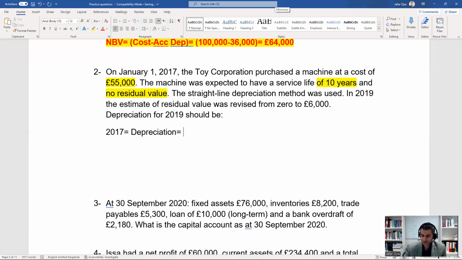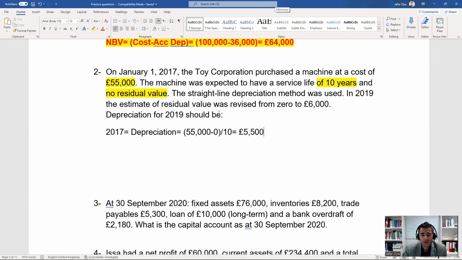So the cost is £55,000 minus 0, because residual value equals 0. Don't forget this. Divided by useful life, which is 10 years. In this case, the depreciation is £5,500. That's the depreciation charge for 2017. So that's absolutely fine, easy to understand.